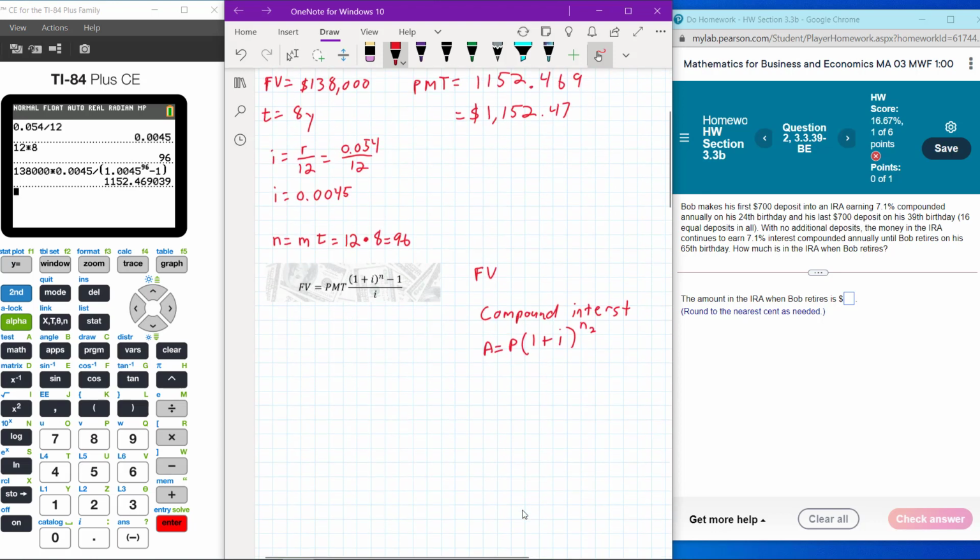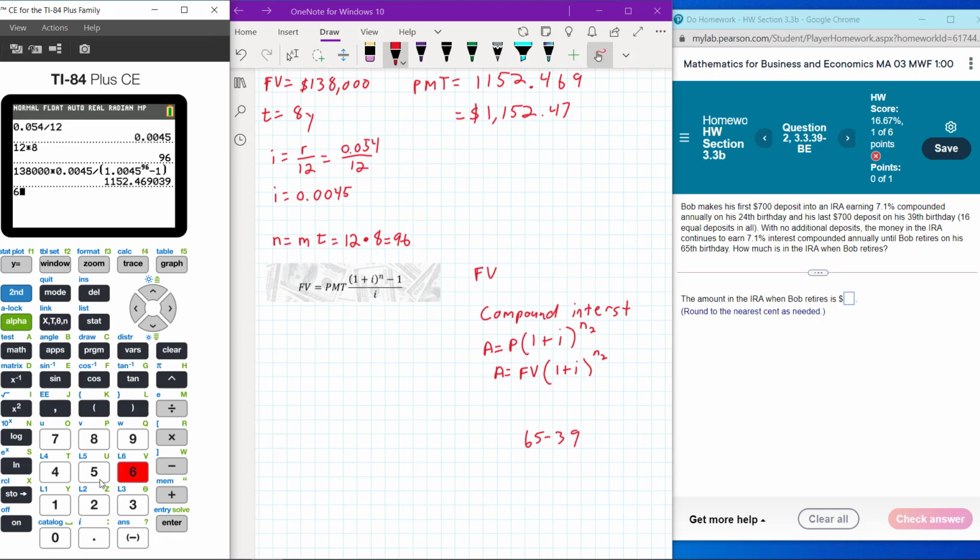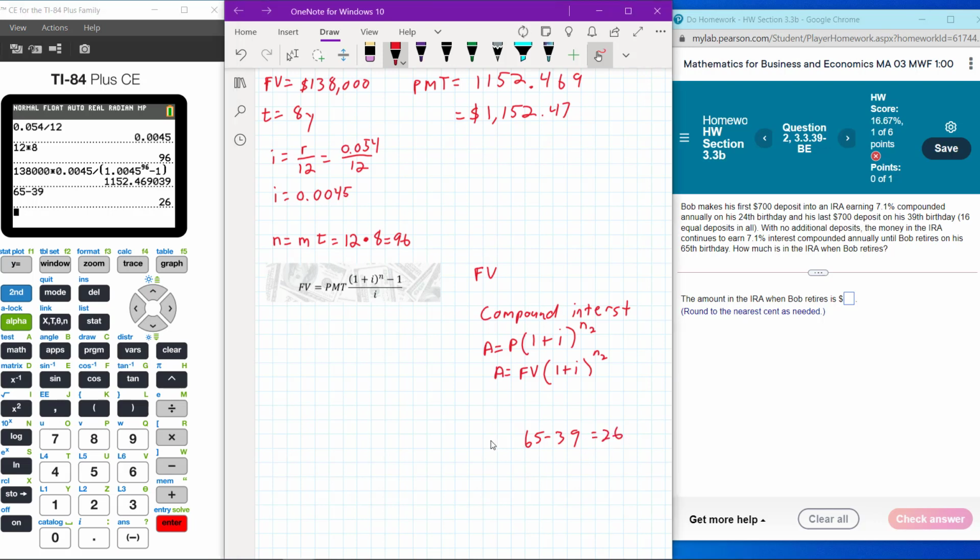So it turns out that the value of the account at 65 is going to be equal to the future value of the account when the annuity ends times 1 plus i raised to the n sub 2 power, where n sub 2 is nothing more than the difference between 65 and 39, or 26 years. So that's what n sub 2 is.